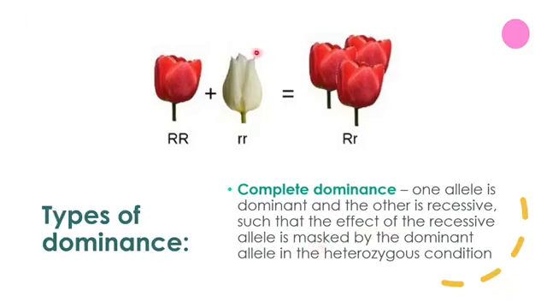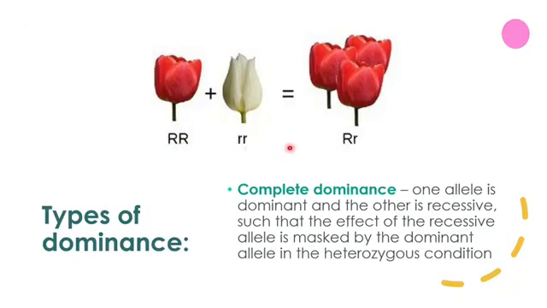So if I look at this picture that you see here on your slide, we see exactly what I've drawn now on the whiteboard as well. We've got a red flower and we've got a white flower. Both these parents are homozygous, so they look exactly the same. This red flower's alleles are exactly the same, and the white one's are also the same.